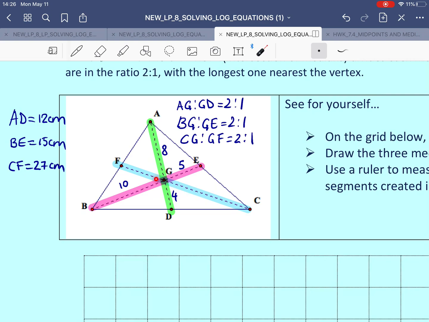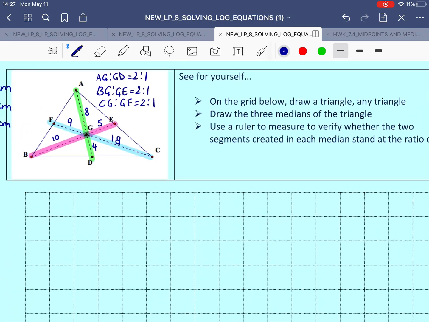So if CF is 27 centimeters, that means that CG will be 2/3 and GF will be 1/3 of 27. So CG will be 9 times 2, which is 18, and FG will be 9 times 1, which is 9.